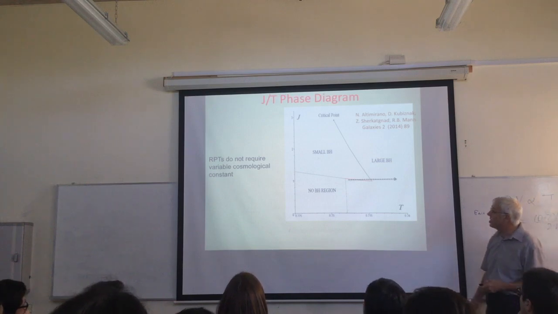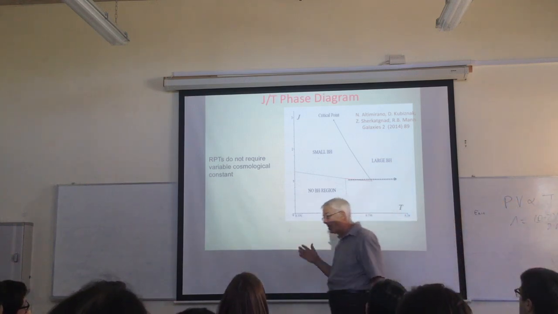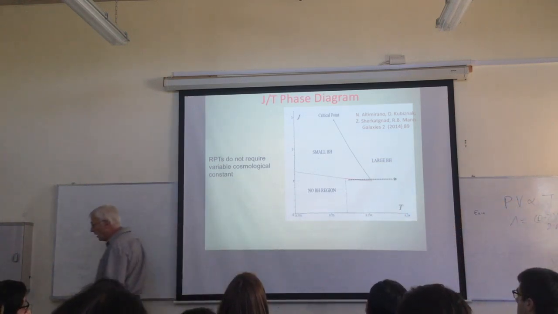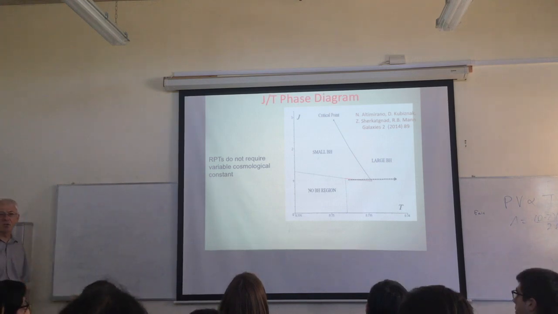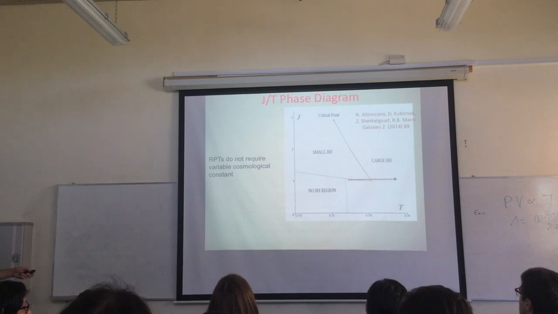You can actually see a reentrant phase transition if you look at, instead of pressure versus temperature, angular momentum versus temperature, and here it is again, large to small to large. As I emphasized before, this is a paper by Natasha, David, and Zainab Shirkantamad.